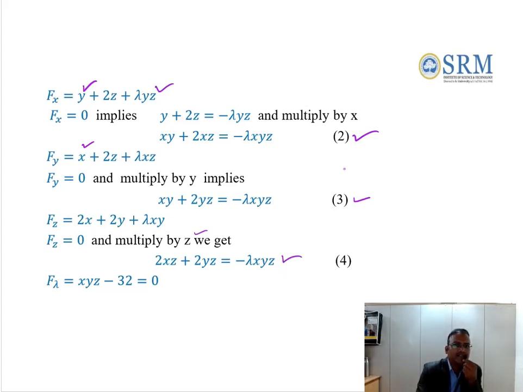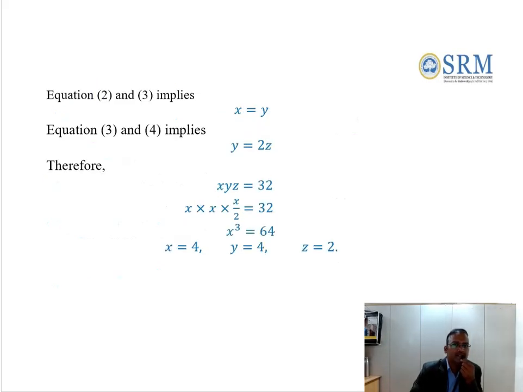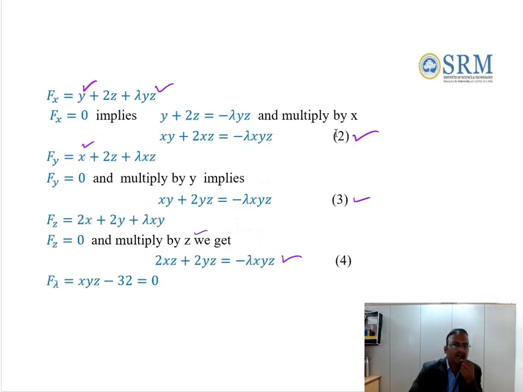Look at equations 2, 3, 4, the right hand sides are the same, so we equate the left hand sides, which gives one relation. Similarly, using these relations, we can calculate the values of x, y, z and lambda. From equations 2 and 3, we equate the left hand sides because the right hand side is the same.